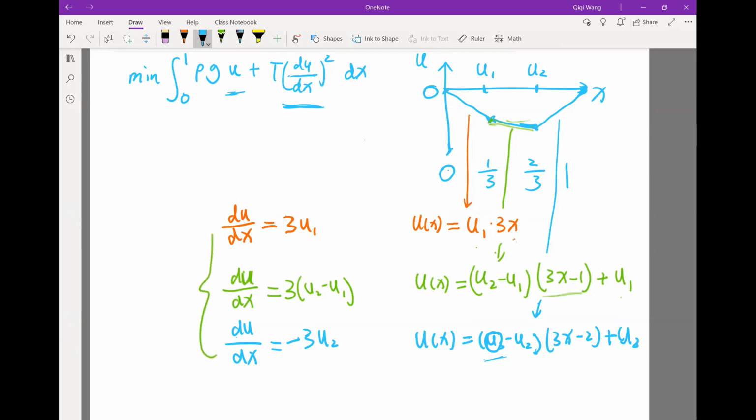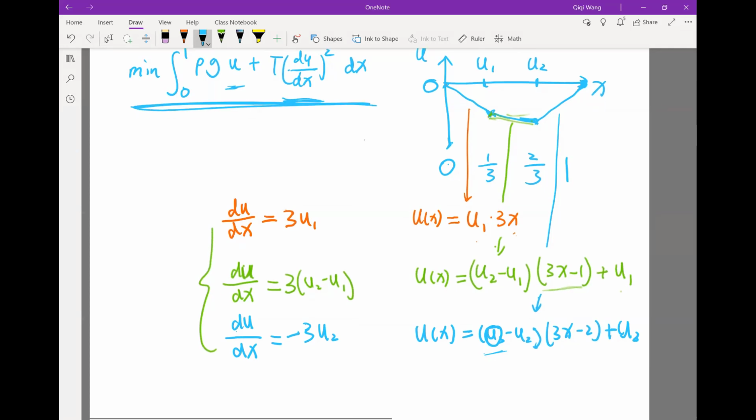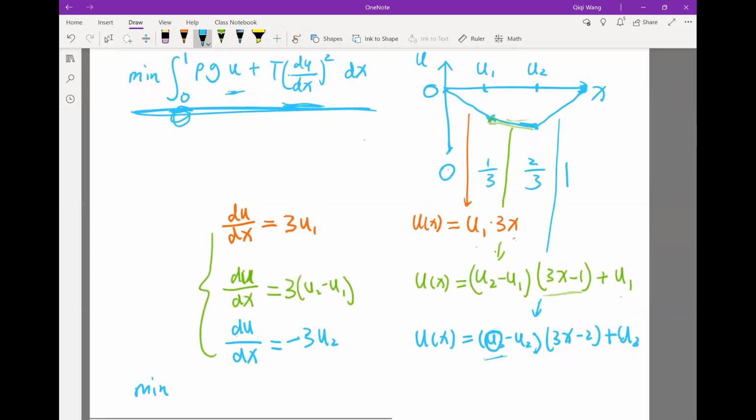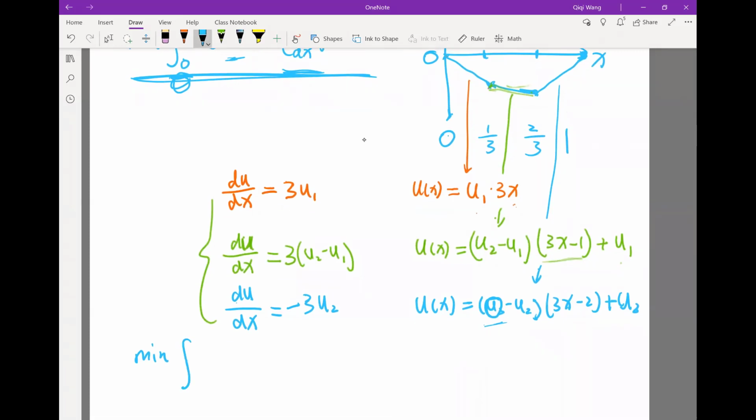Now let's plug it into the minimization problem. We are minimizing, again, we want to split this integral into the summation of the three elements. So the first element, integration from 0 to a third. Let's actually write it in different colors. 0 to a third.